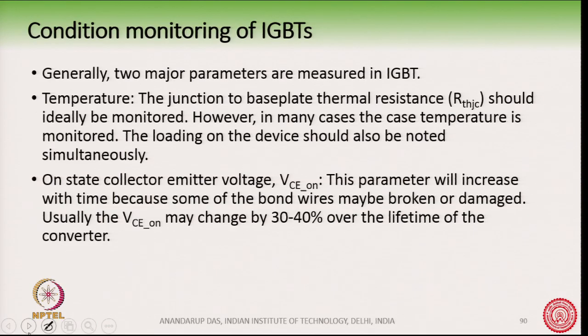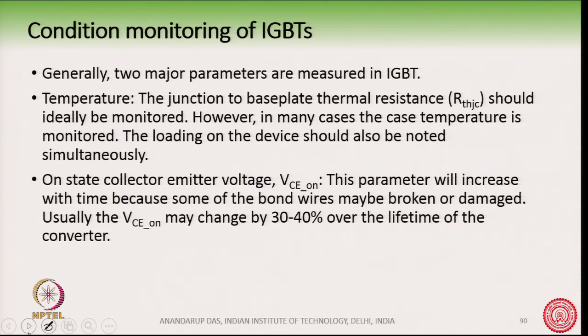Now, again there are several parameters which you can measure, but most importantly there are two major parameters. The first one is the temperature and the second one is the on-state collector emitter voltage, VCE on.